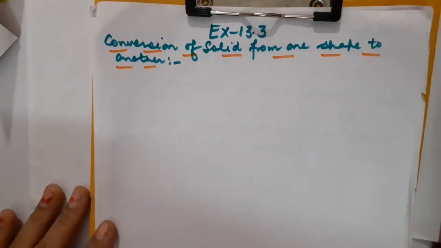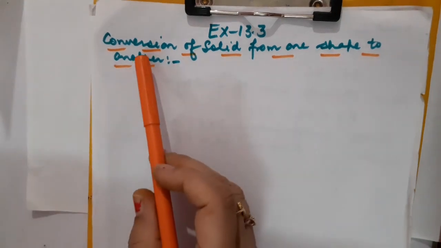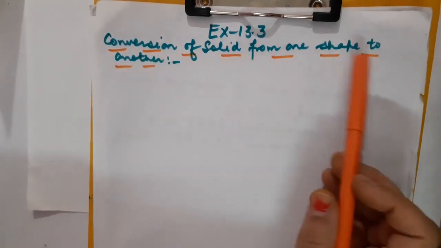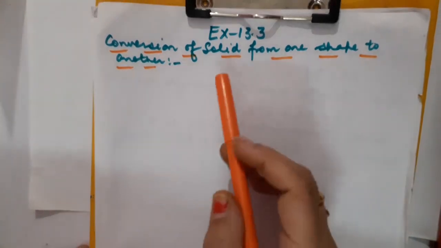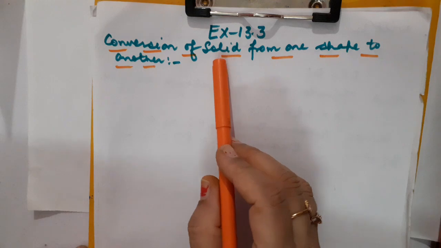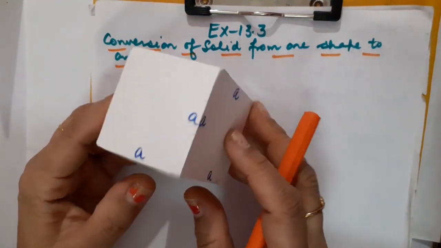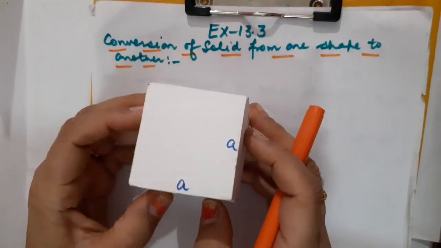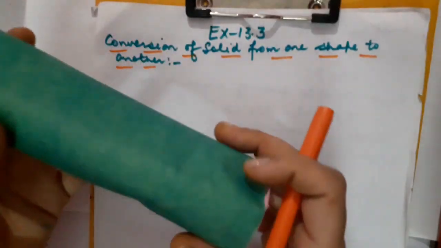Okay children, the next topic which I am going to cover today is conversion of a solid from one shape to another. What does it mean? Whenever there is a solid, for example, if it is cuboid in shape, it has been melted and recast and given the shape of a solid cylinder.